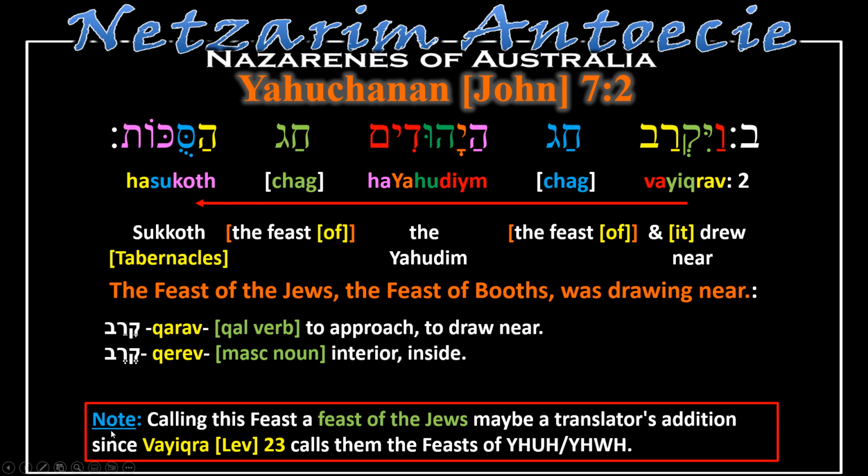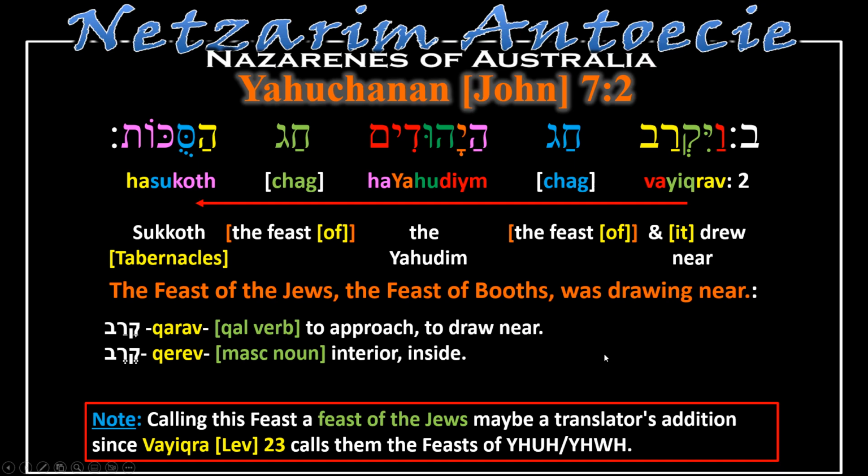I did add a note here. Calling this feast a feast of the Jews may be a translator's addition, as though the translator's writing it to the Gentiles, since Vayikra, Leviticus 23, calls them the feast of Yahuwah or Yahweh. It does not call it the feast of the Jews.